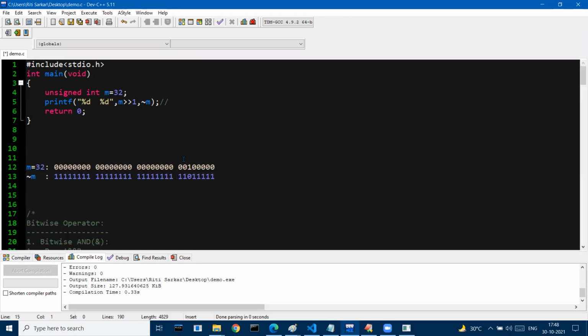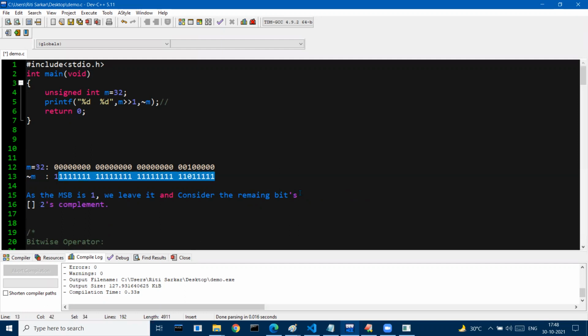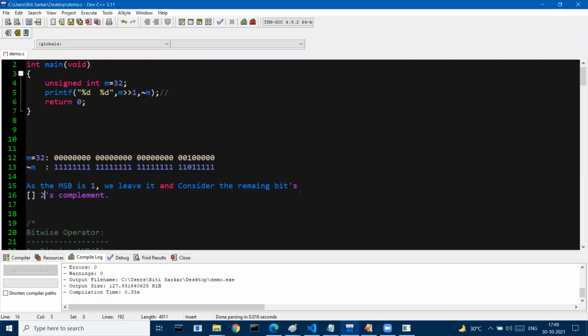No. As the MSB is 1, we'll leave it and consider the remaining bits to complement. Remaining bits is what? These fellows. It's 2's complement I need to take.